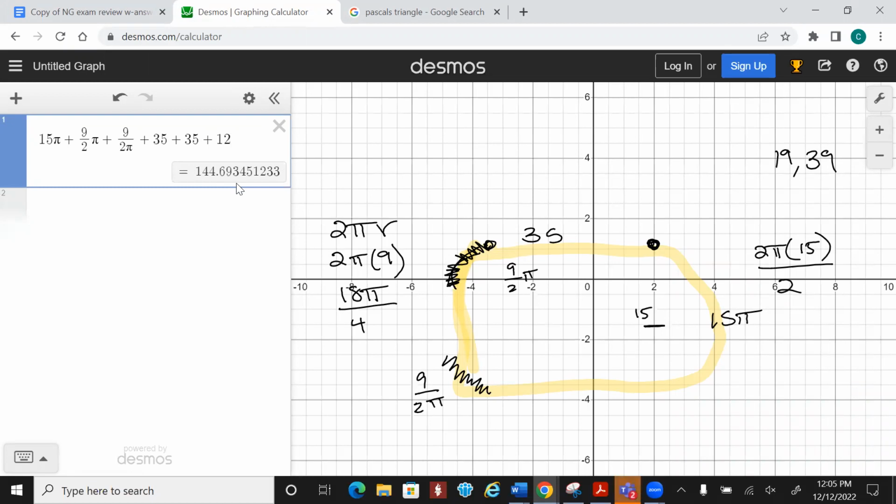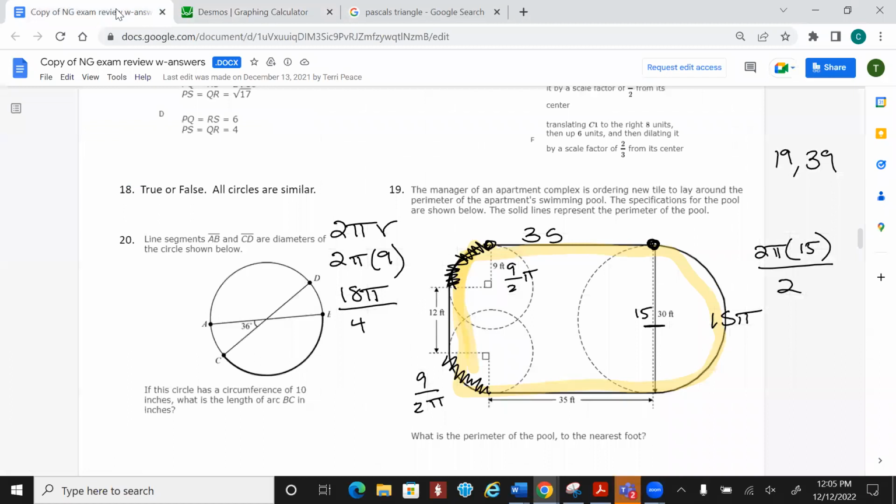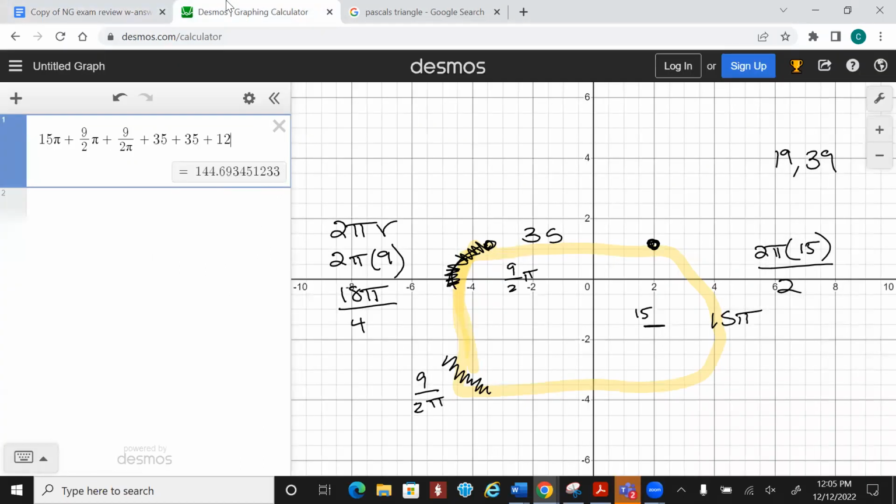144.69. Is that what it says in the back? Or is it in pi? 12 plus 9 pi. That's okay. That's what I got. Yeah, that's gonna be it. But it's okay if you have either answer.